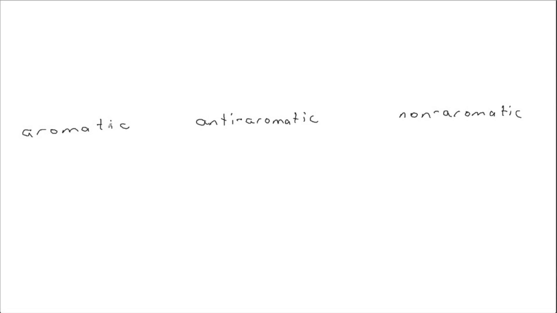Okay, so what does aromatic mean? Aromatic molecules are unusually stable. An aromatic molecule is unusually stable. That means it's more stable than you would normally expect from its Lewis structure. An anti-aromatic molecule is unusually unstable. That means less stable than you would expect from its Lewis structure. So anti-aromatic means unstable, aromatic means stable.